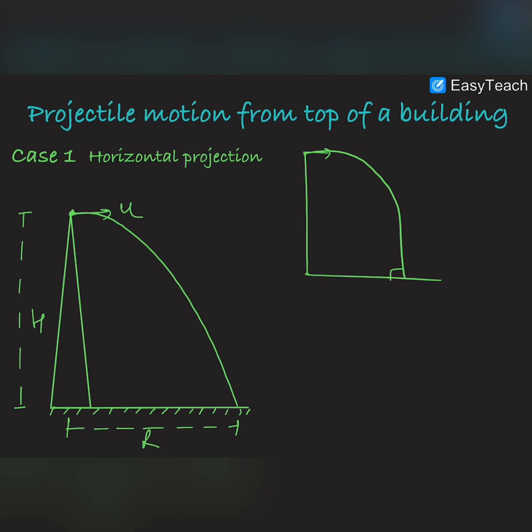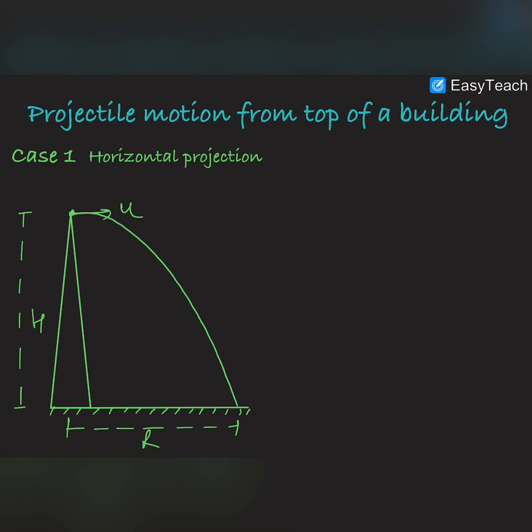That means we are assuming that the x velocity of the projectile at the time it strikes the ground is 0. This is not possible because we are not assuming any air resistance or any other force acting in the horizontal direction. Therefore, the x component of the velocity of this projectile would always remain the same, and u it is.